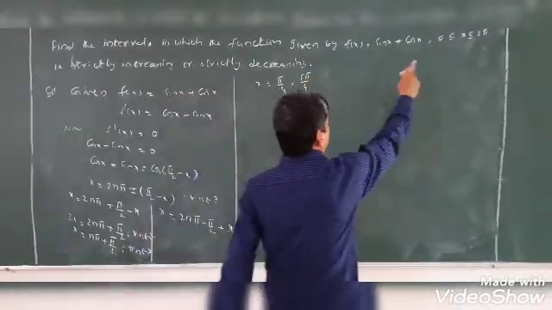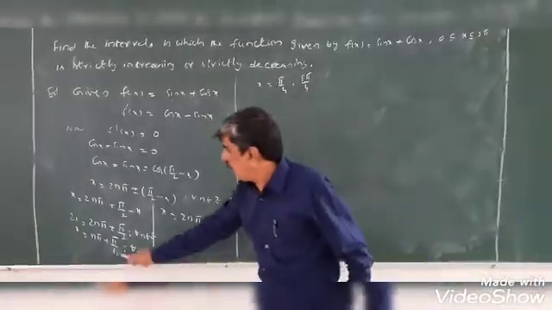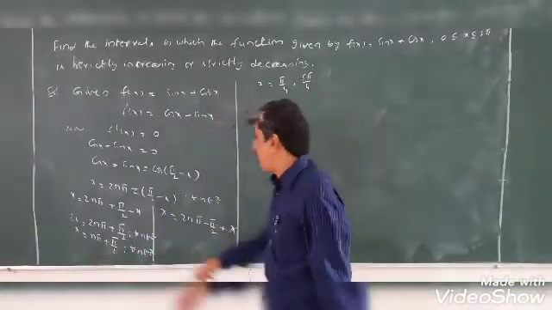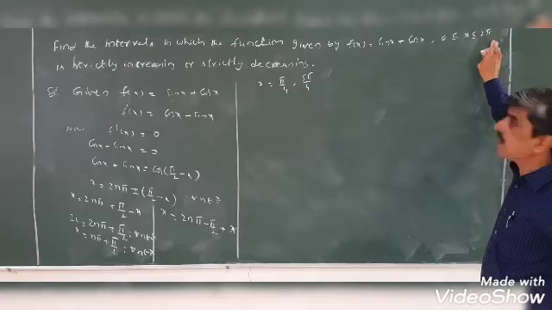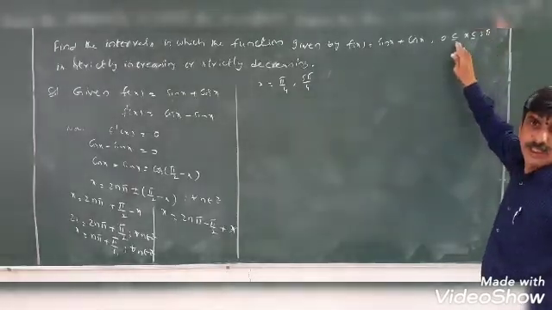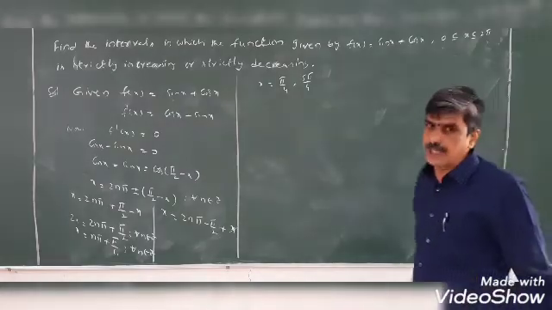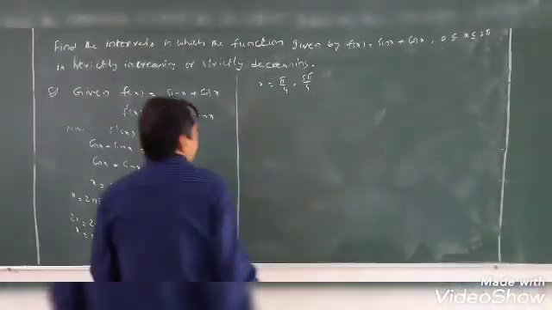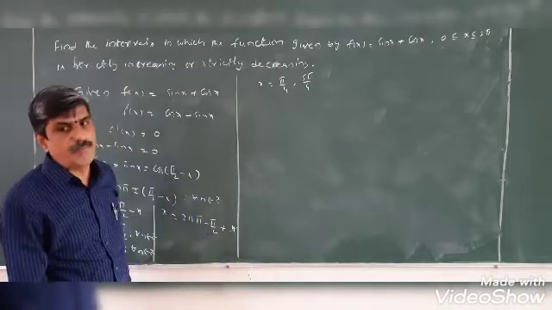So 5 pi by 4 also belongs to this interval. If I am taking n is equal to 2, 2 pi plus pi by 4, n is equal to 2 or more, those values do not belong to this interval. So we don't want to take the other values of n. So here x is equal to pi by 4, x is equal to 5 pi by 4.